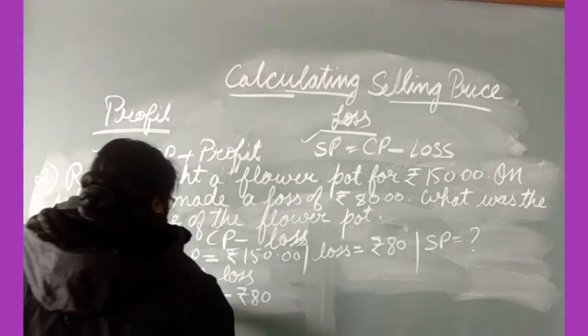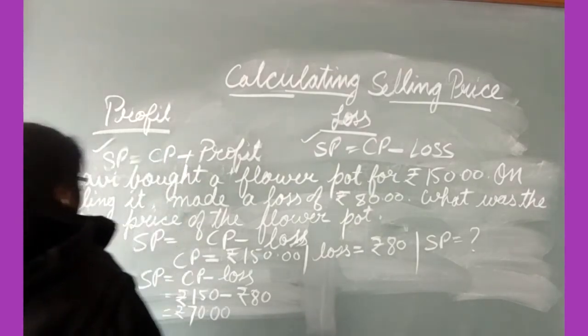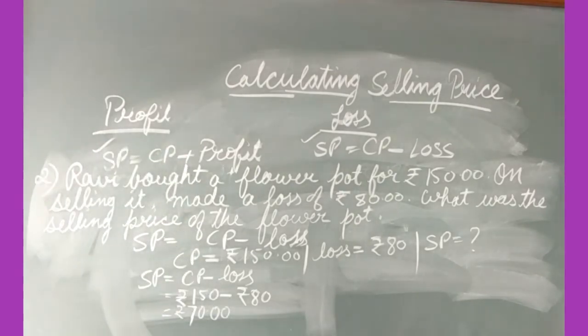So according to the question, what you are seeing here: Ravi bought a flower pot for rupees 150. And on selling it, he made a loss of rupees 80.